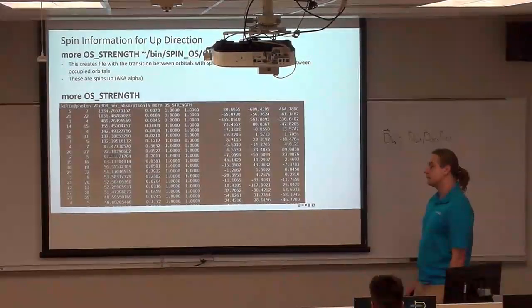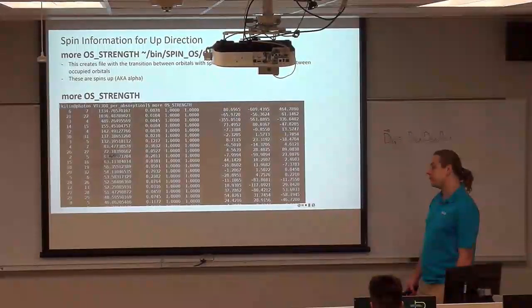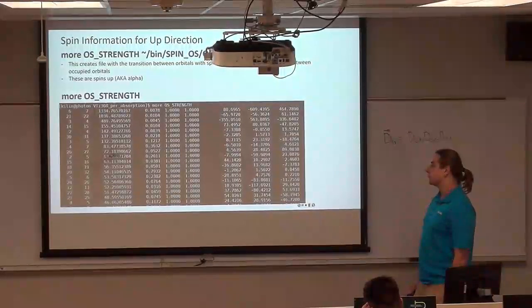And which ones do we need for absorption? 2 and 0 if it is singlet, or 1 and 0 if we are talking about spin. So you need to extract only those lines from this file that correspond to transitions from occupied to unoccupied.